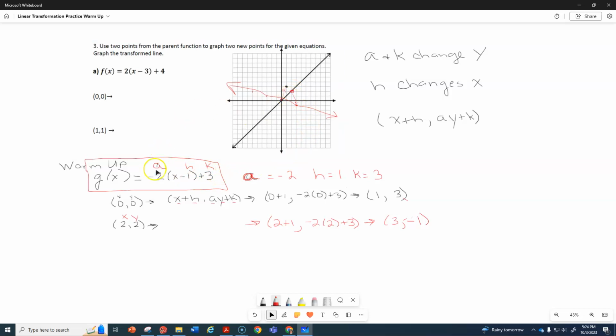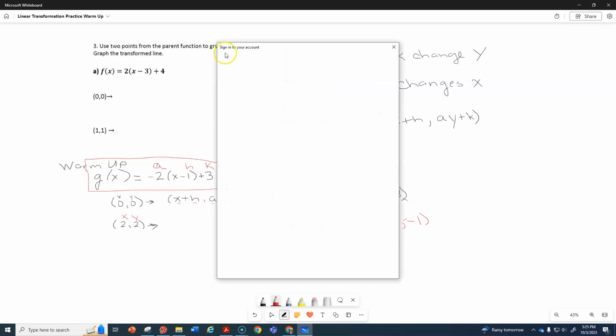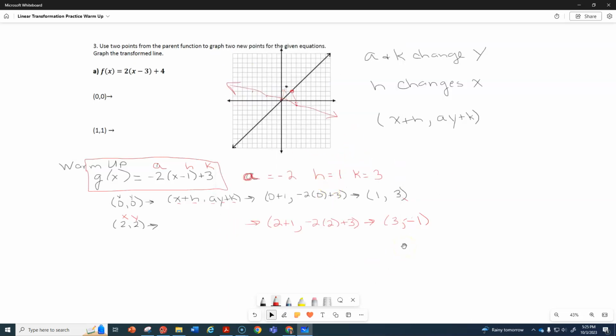All of those caused this point right here, 2, 2, to end up over here. It does not look vertically stretched. That's interesting. I know it's reflected. Oh, for Pete's sake. But anyway, so that's what you should do.